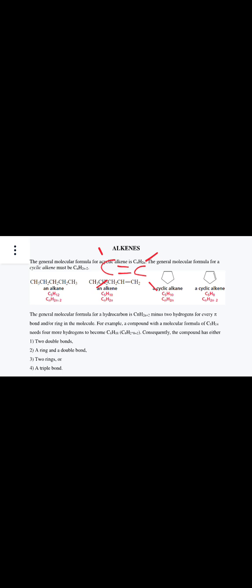Now, I've given you a few alkenes there. I've given you an alkane with its molecular formula, an alkene with its molecular formula. But do you remember the molecular formula that we wrote for cycloalkanes? Cycloalkanes had a molecular formula similar to an alkene.